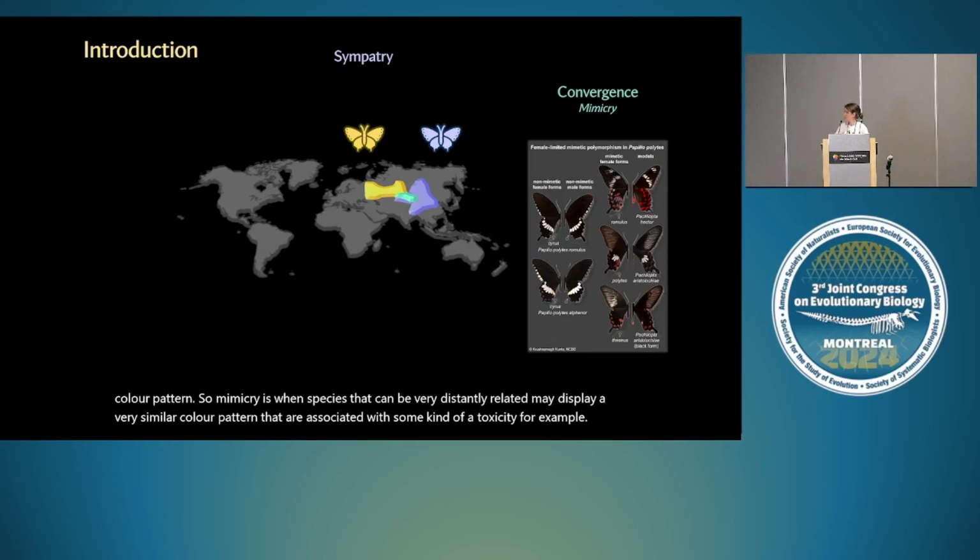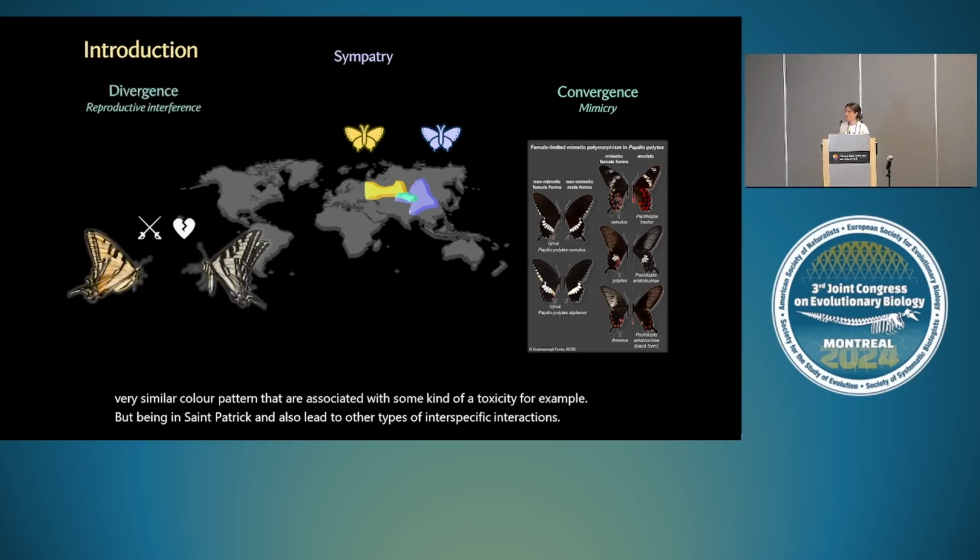But being in sympatry can also lead to other types of interspecific interactions, such as reproductive interference. Reproductive interference is when individuals from different species, usually phenotypically similar species, try to mate together or compete for territory or mates, which is costly in terms of time and resources, and can lead their color pattern to diverge.